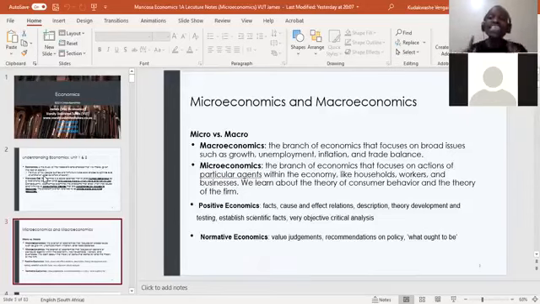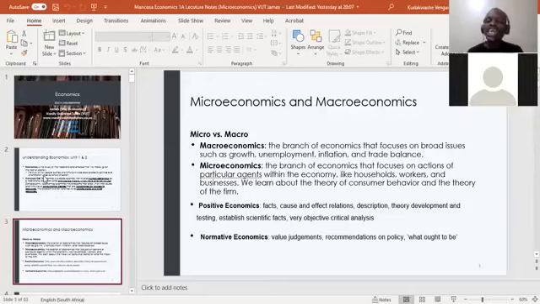These economic agents are going to make decisions. I'm going to make a decision whether to buy a television or not. Pick and Pay is going to make a decision whether to produce and sell a specific product or not. The study of these individual decisions is what microeconomics is all about.